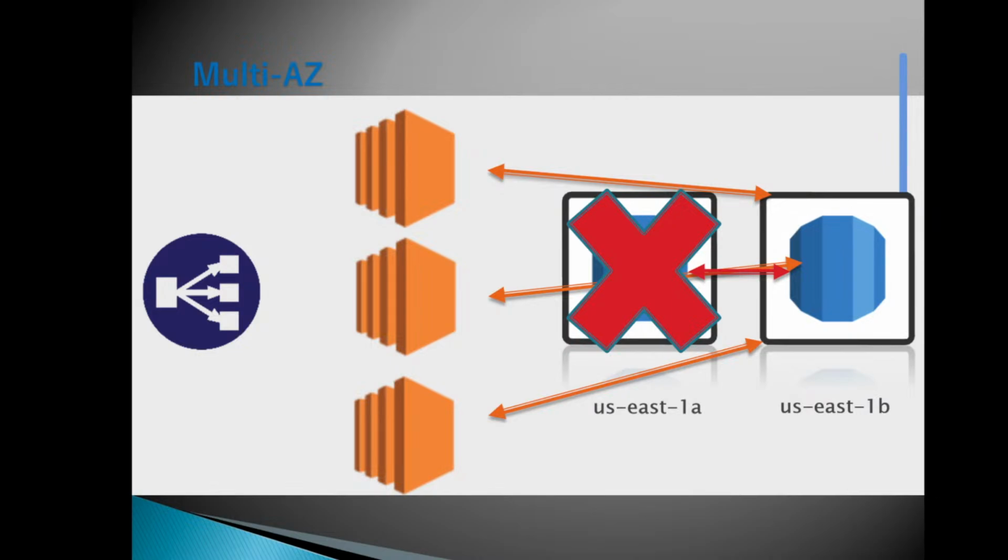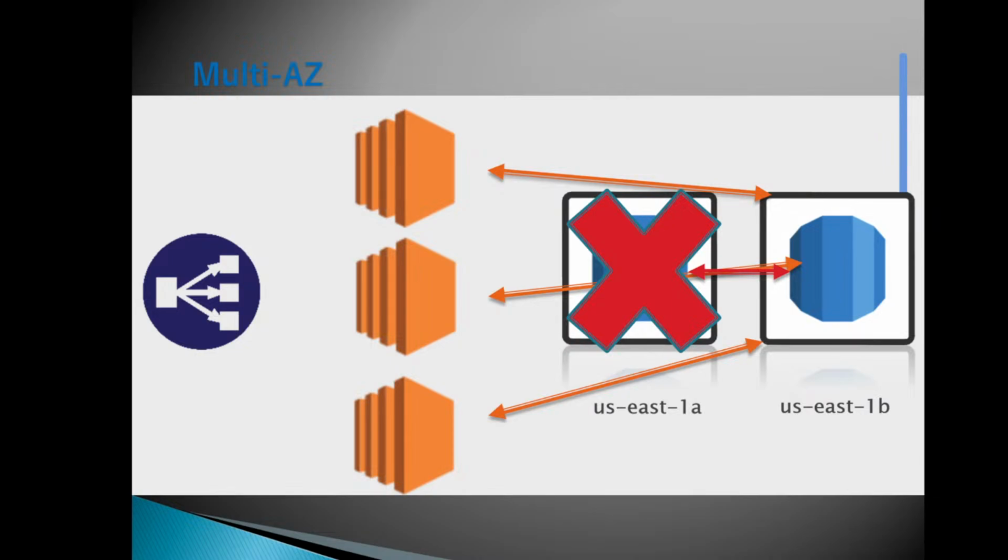This is region specific, you can't go beyond the region. So within the region, that's why Multi-AZ, multi availability zone. As the name suggests, one instance will be in one availability zone, another instance will be in another availability zone.